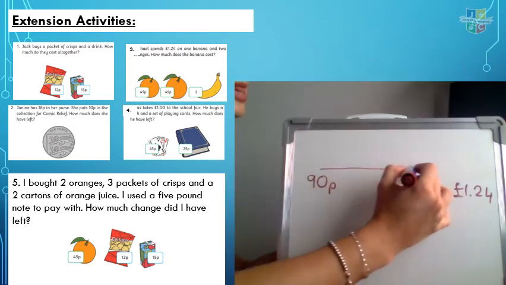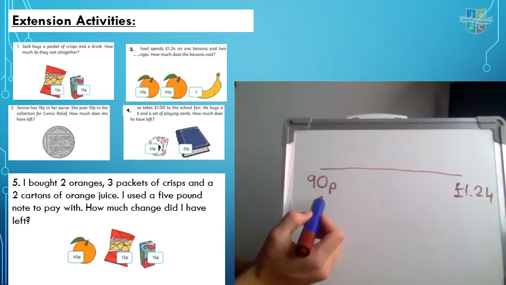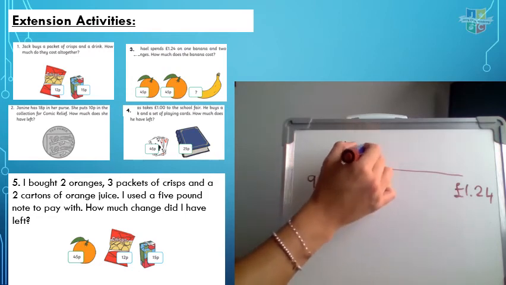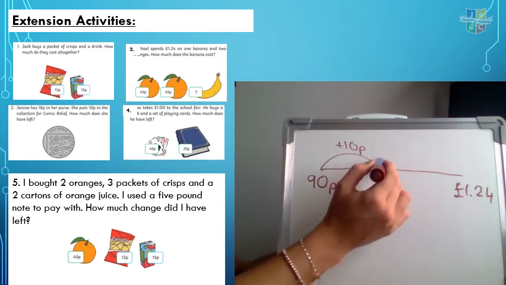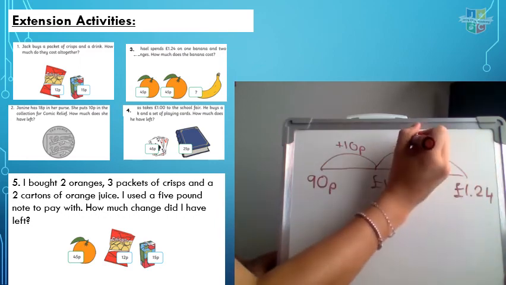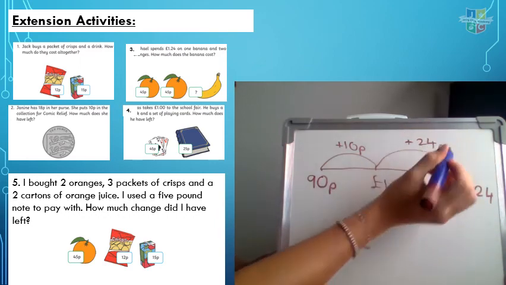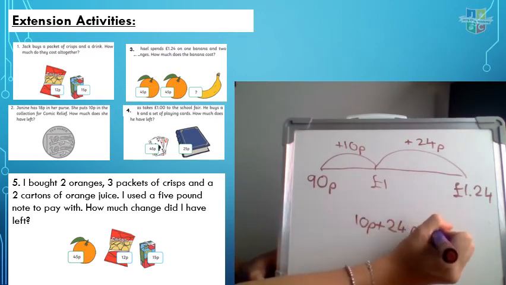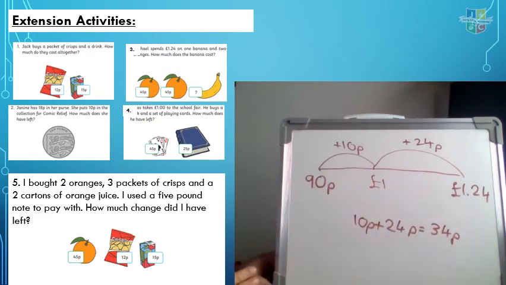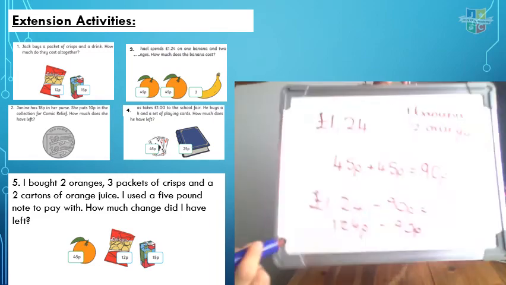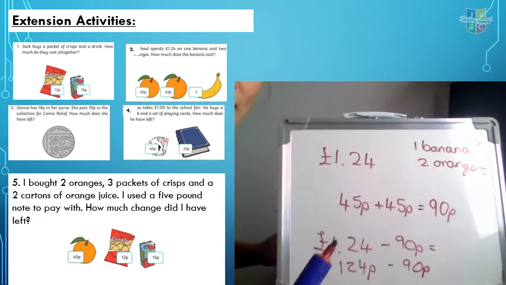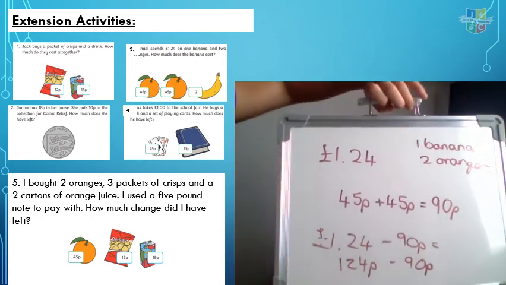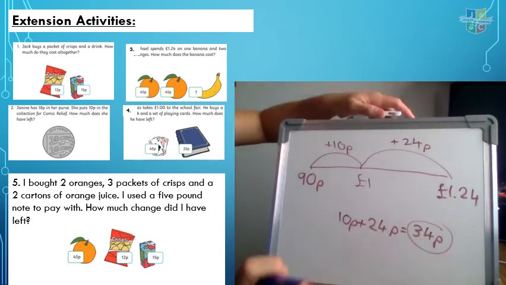So you could have drawn a number line, you could have started at 90, 90 up to the next pound is obviously going to be adding 10 pence because there's 100 pence in a pound, and then £1 up to £1.24, you're adding 24 pence. So if you did 10 pence and 24 pence, it would equal 34 pence. So that's one way you could have done it. However, you could have also used the column method as well. So your answer should be 34 pence.